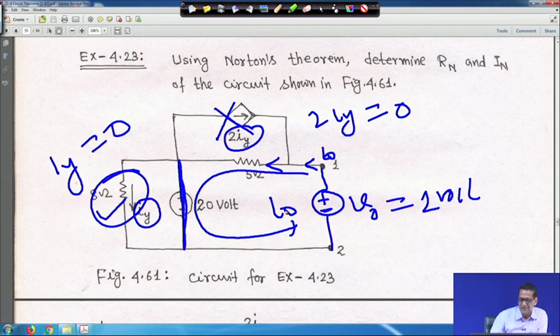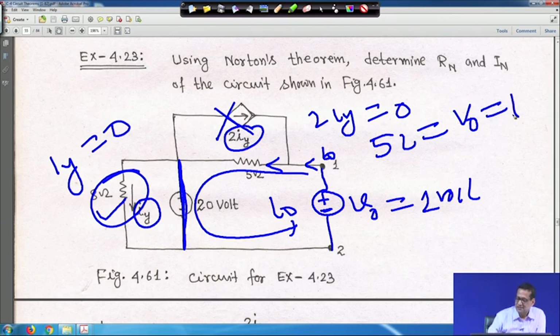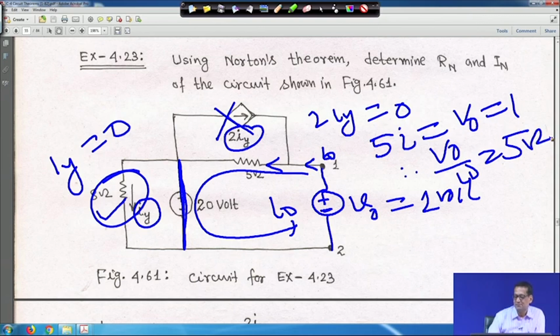That means 5 I_0 is equal to V_0, which is equal to 1. That means V_0 by I_0 is equal to 5 ohm. Anyway V_0 is 1, but if we do not put 1 and take only V_0, it does not matter, because the relationship we are getting is V_0 equal to 5 I_0, that means V_0 by I_0 is equal to 5.